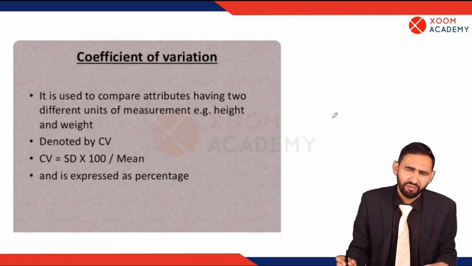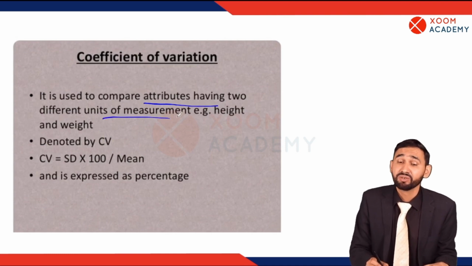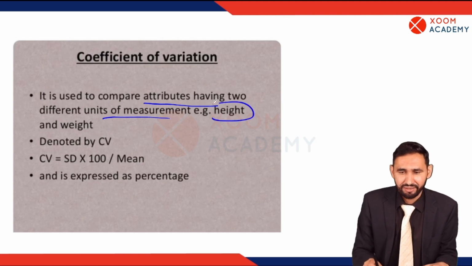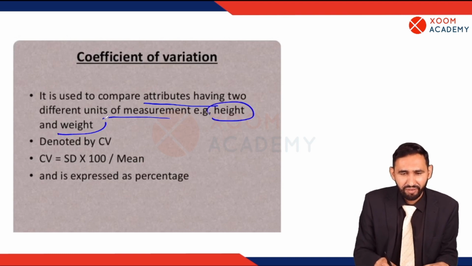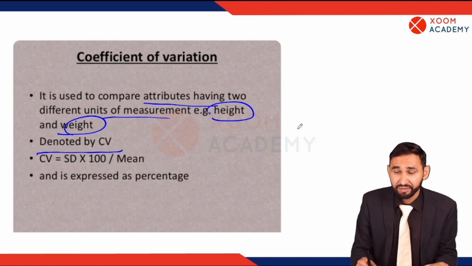And what is coefficient of variation? It is used to compare attributes having two different units of measurement, like height and weight, which may vary. Coefficient of variation is denoted by CV, and its formula is standard deviation multiplied by 100 divided by mean.